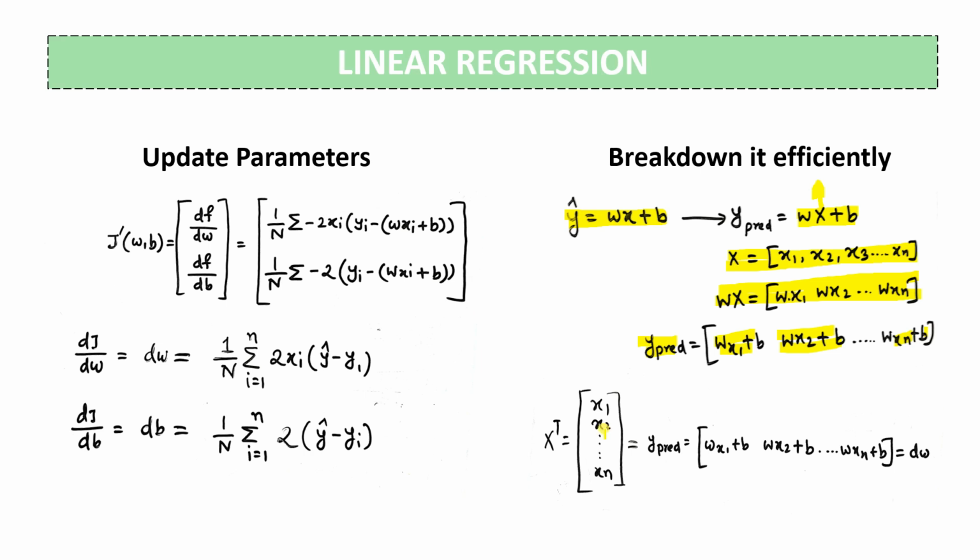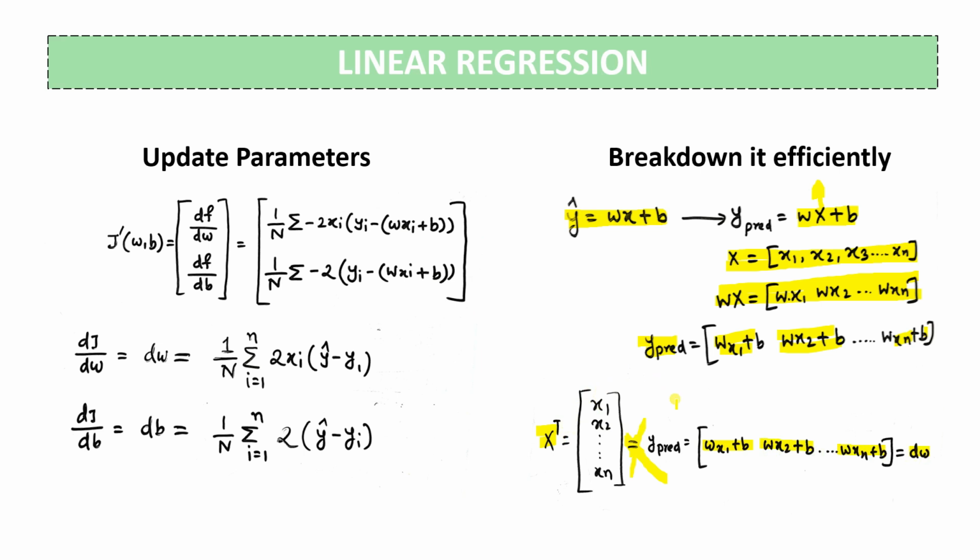Now the most important thing here, see, we do the transpose of the xt. Why? This equal sign is not here, just by mistake. So you have the value for the y prediction, which is wx1+b, wx2+b, wx1 up to b, and this is nothing but our dw. So why this xt?